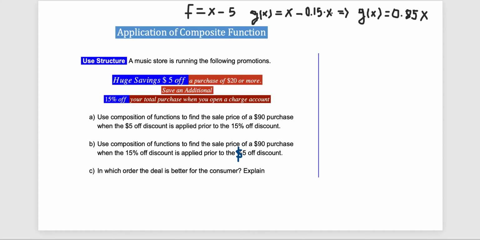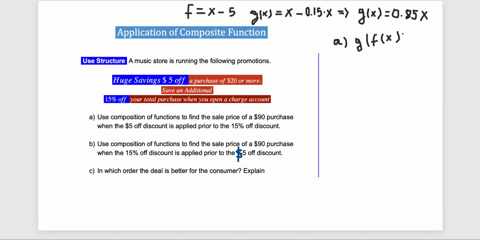Now to solve for A, it says use a composition of functions to find the sale price of a $90 purchase. So the item costs $90. We first apply the $5 and then the discount of 15%. Because we first apply f of x, we find the composition function g of f of x.